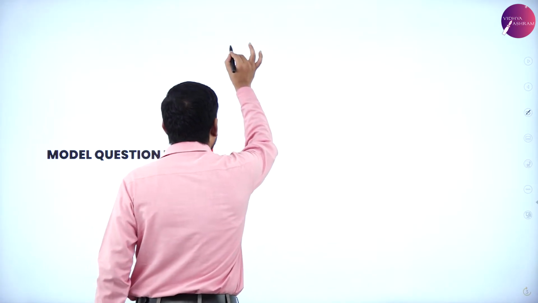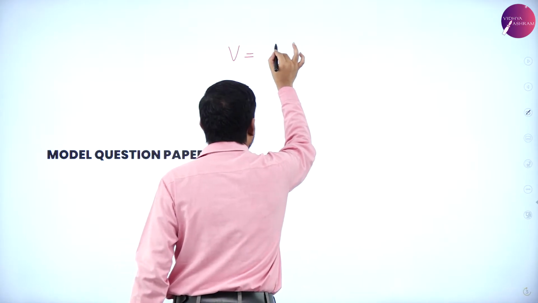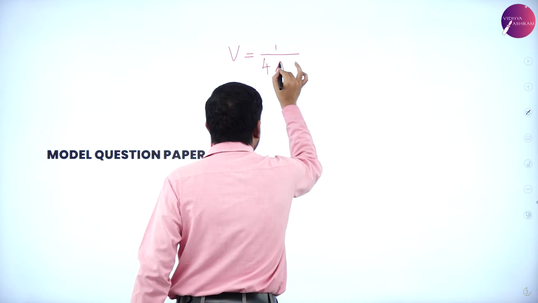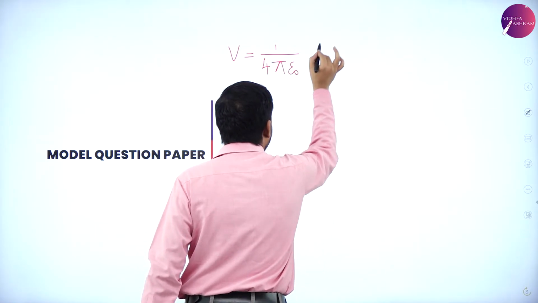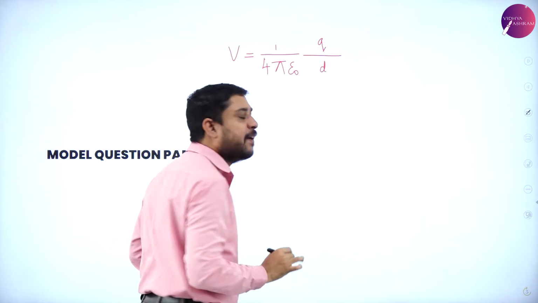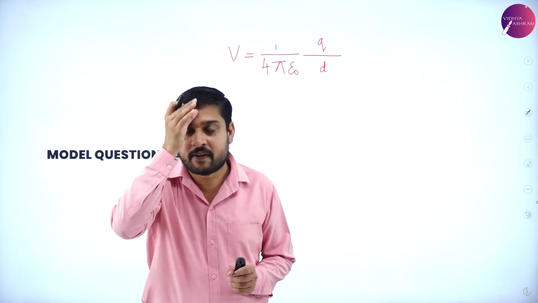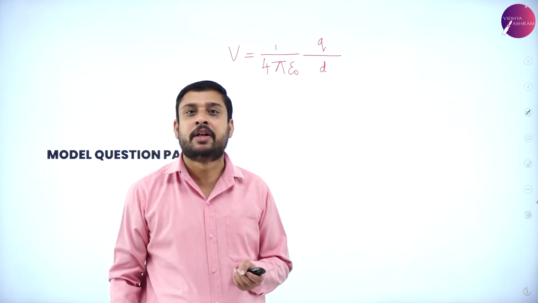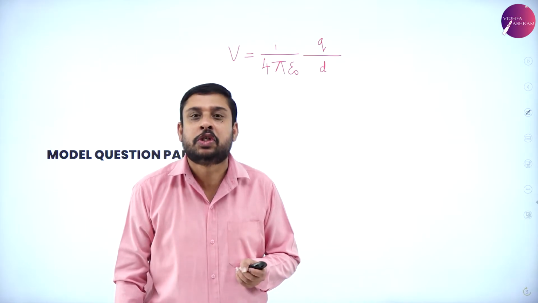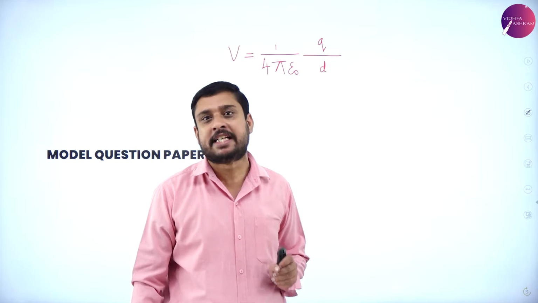So we all know the expression for potential V is 1 by 4 pi epsilon naught times charge divided by distance. We have derived the expression for potential due to an isolated point charge.